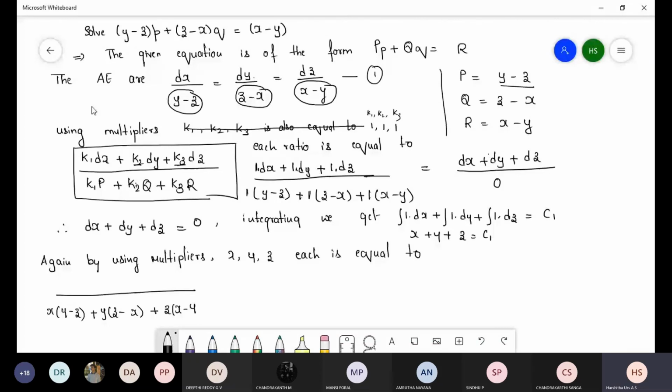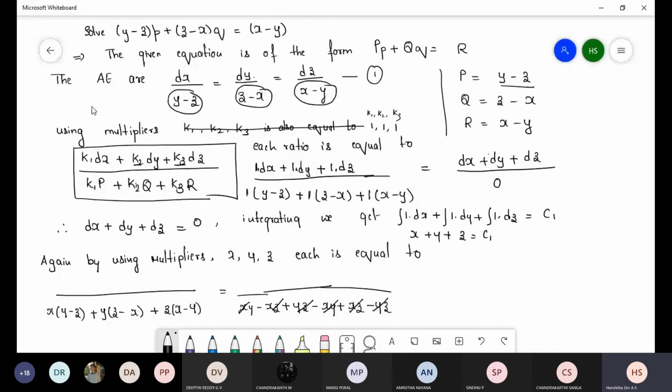First we have to check by giving the multiplier to the denominator whether it will become 0 or not. If it does not become 0, then we have to try with other multipliers. So here first we will finish it off for the denominator: xy minus xz plus yz minus xy plus xz minus yz. So here xy will get cancelled, xz, yz.